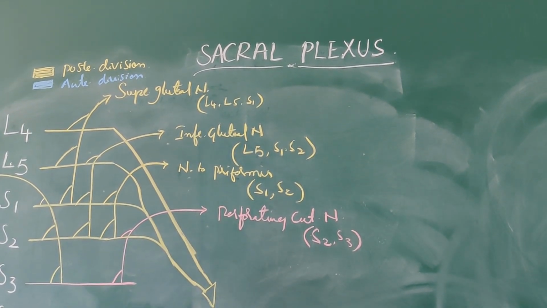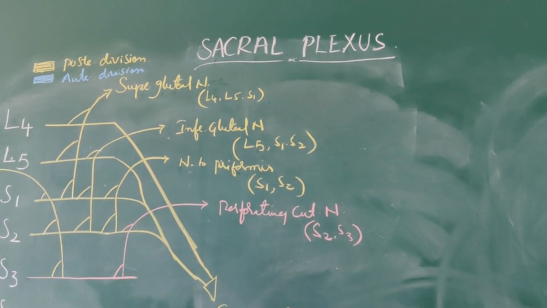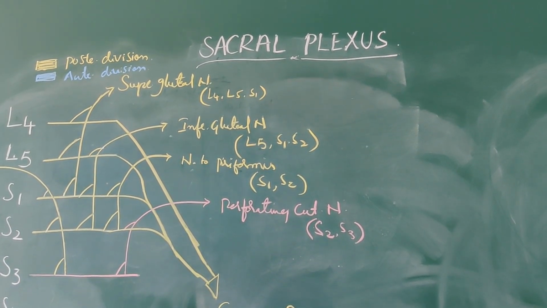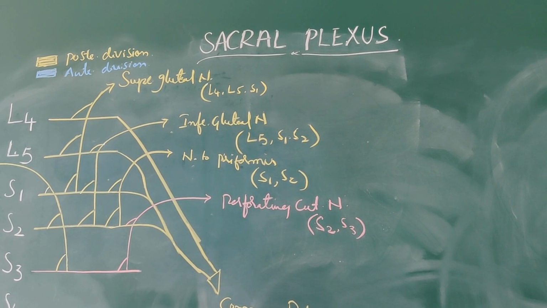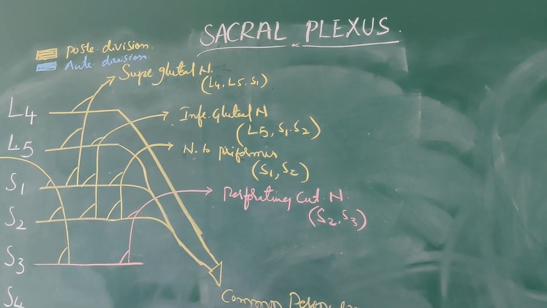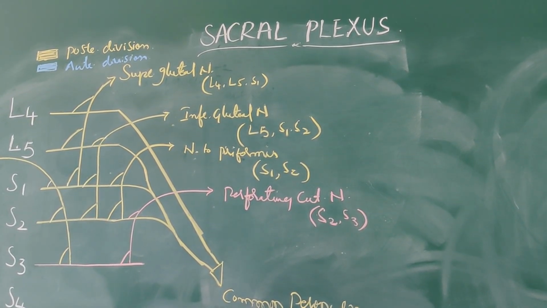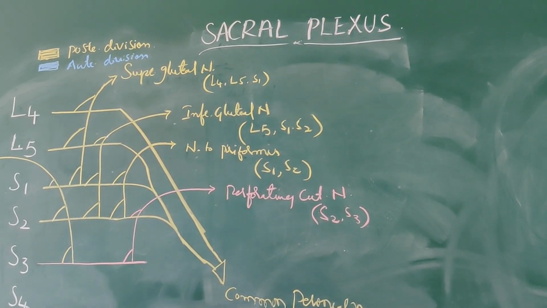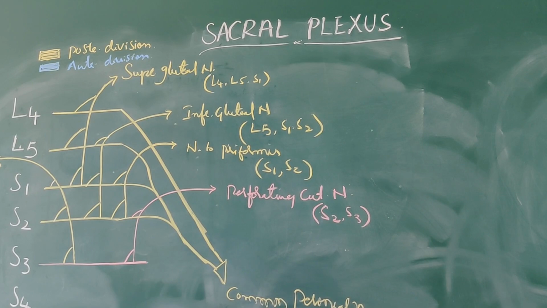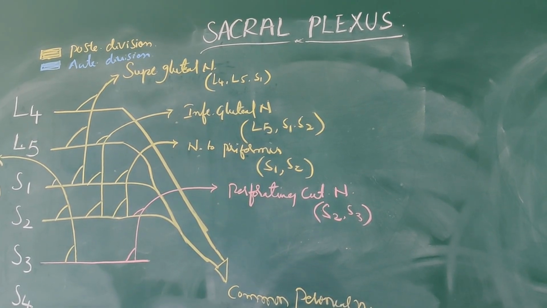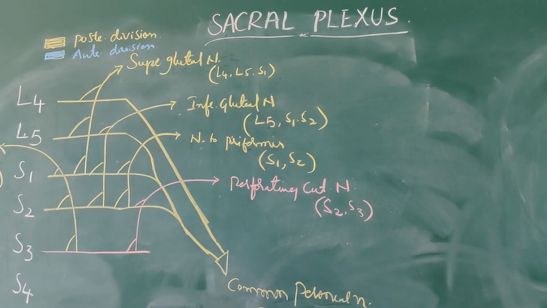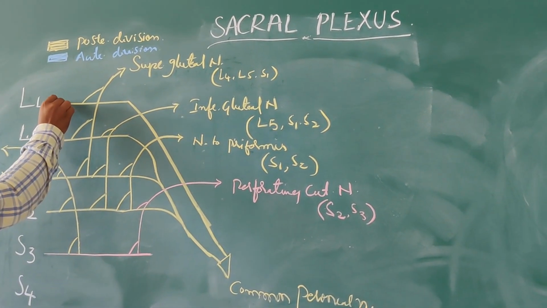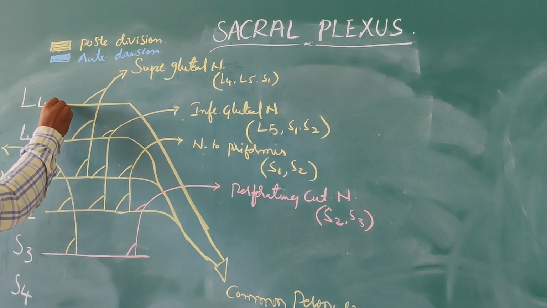Now, the branches. The anterior divisions of L4, L5, S1, S2 and S3 unite to form the tibial part of the sciatic nerve.